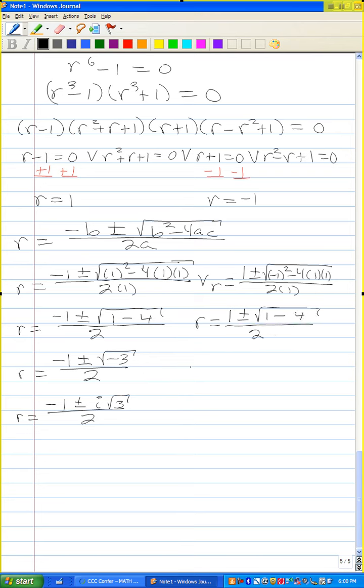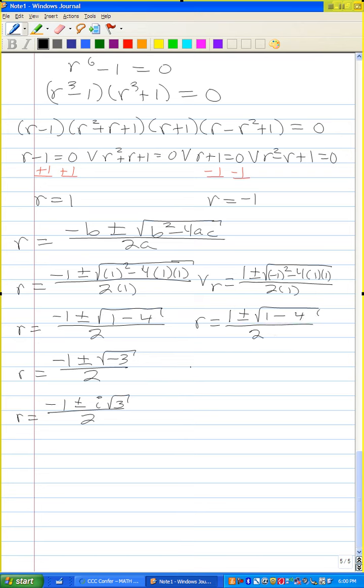And well, to go from 4 to 12, that's times 3. Times 3 is 36. Times 3 is 108. Therefore, I keep multiplying by 1 over 3. And that is the general term for this particular geometric sequence.